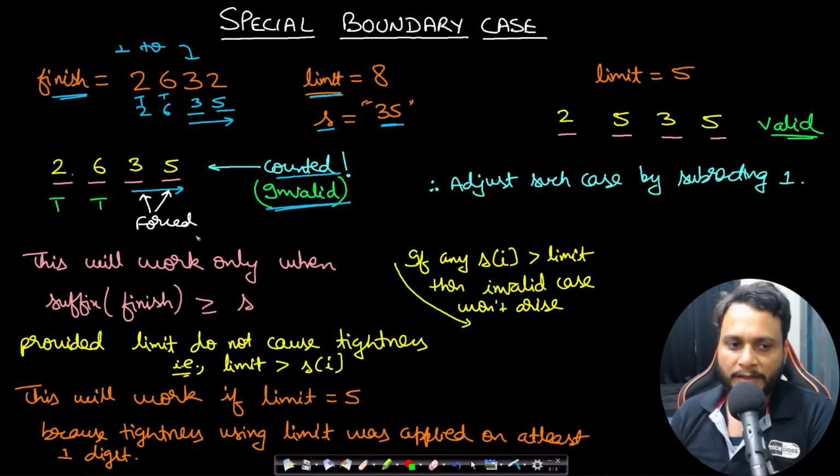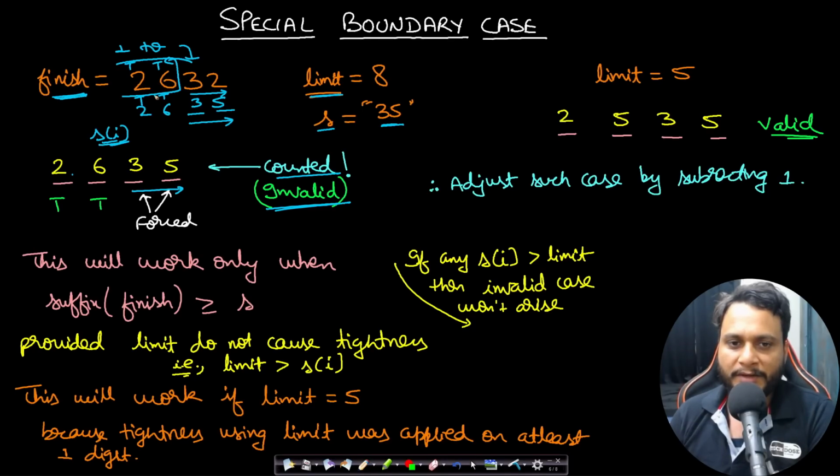Okay, so this happens only when the tightness on the left hand side, leaving the suffix items, for all the digits on the left hand side, that tightness always happened due to SAT. That means all the digits in the finish or all the digits in the start, whatever we are calculating with, right?